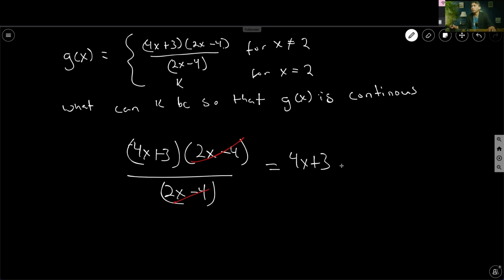And then we want this equal to k, where x is equal to 2. So basically you plug in 4 times 2 plus 3. Okay, and we solve it. This is equal to 8 plus 3, so k is equal to 11.